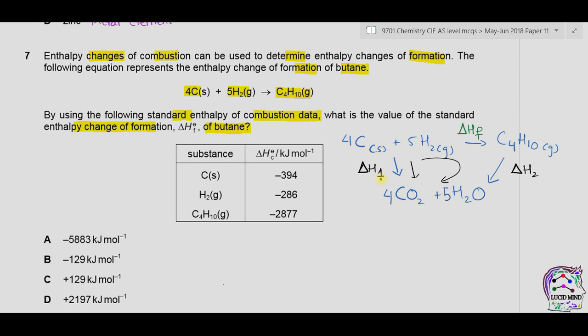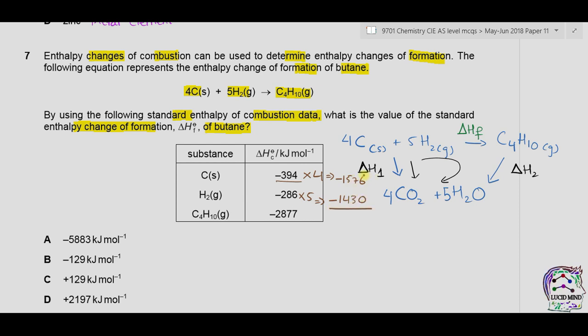Let's put values. For delta H1, we have combustion of carbon, as there are 4 moles of carbon, so we can multiply 394 with 4. It comes equal to minus 1576 kilojoules per mole. Similarly, we have 5 moles of hydrogen, so we can multiply this value with 5. So it comes equal to minus 1430.